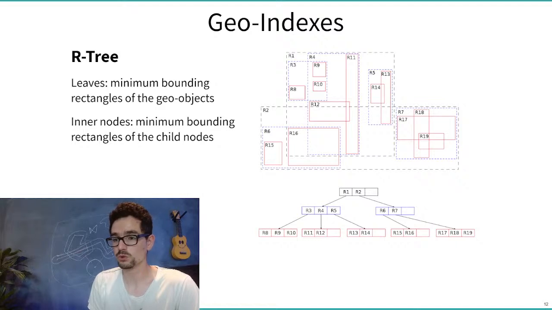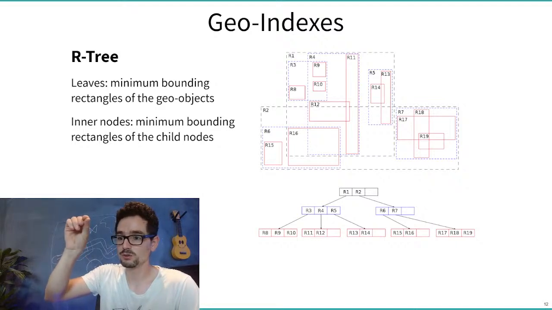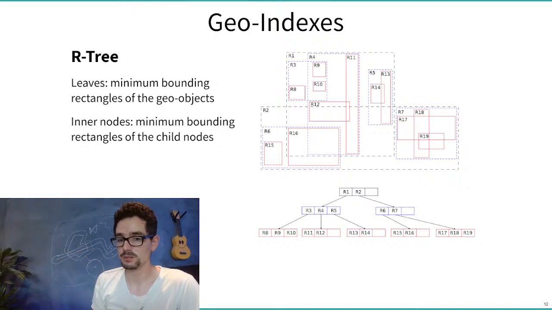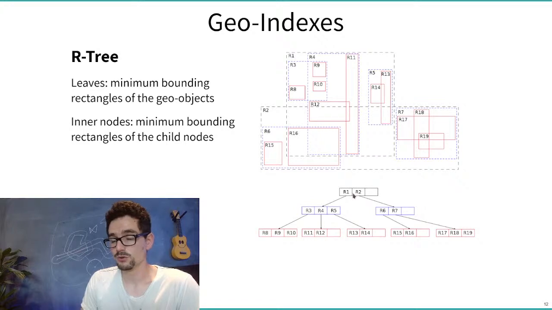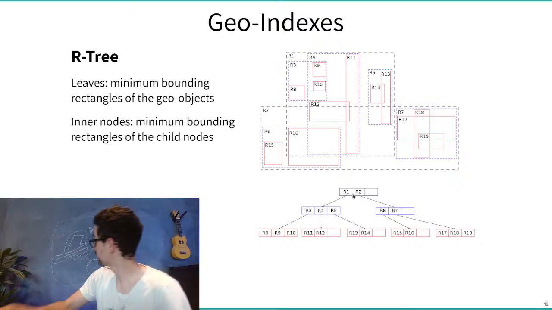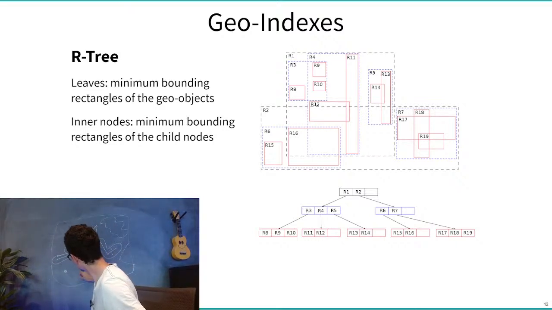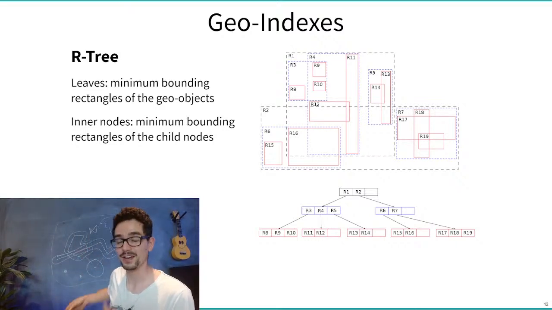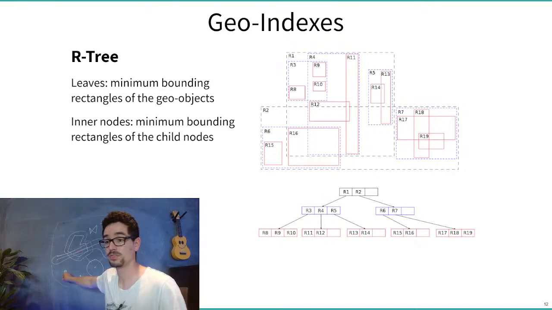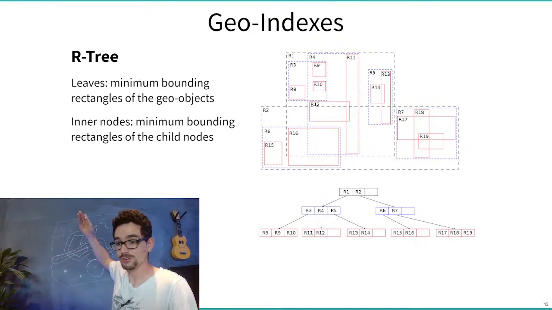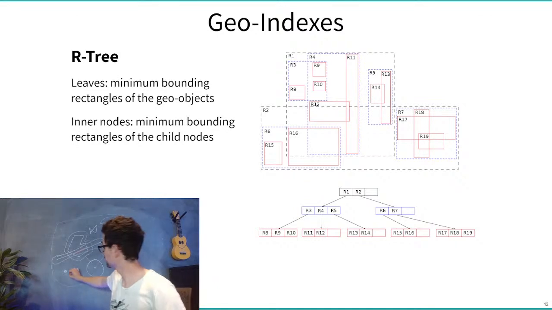And when you search something, you go from the root deeper and deeper that matches your criteria. And in each node of that tree, you have a rectangle. So a rectangle is basically 2 points. This point and that point, that's a rectangle. A rectangle is defined by the point of the upper left corner and the lower right corner.